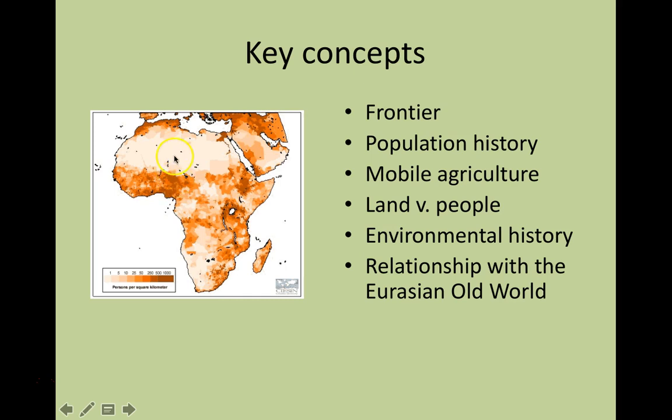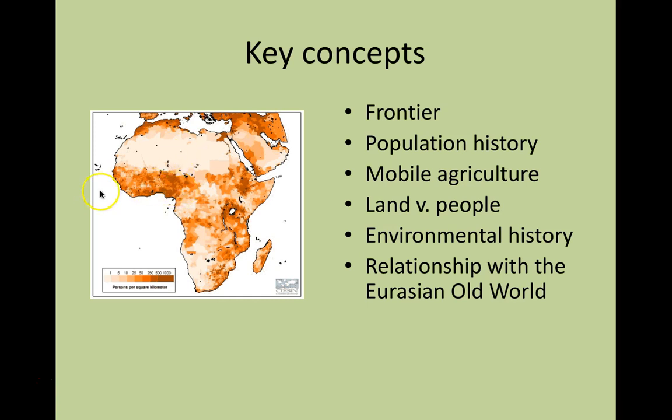But because there was contact via the trans-Saharan trade routes and the Nile River trade routes between these Mediterranean regions and sub-Saharan Africa, certain things did spread down here. For instance, disease.